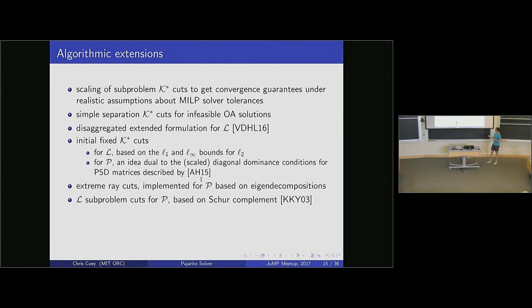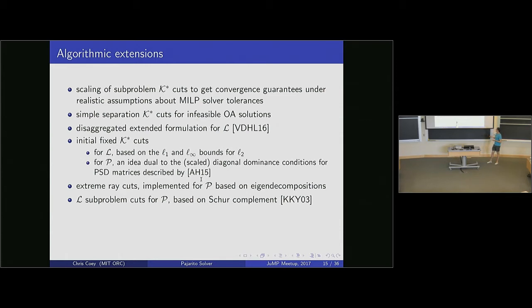So we also do, for the positive semidefinite cone, extreme ray cuts. So we'll decompose a dual, which is rank k, into k linear cuts that are rank 1, giving us a stronger outer approximation.